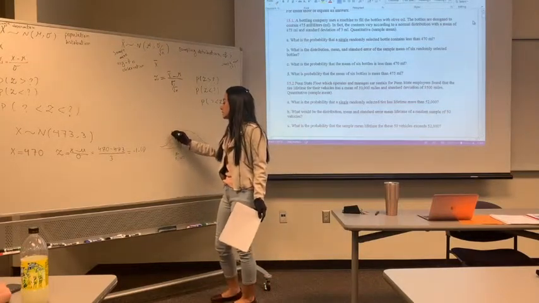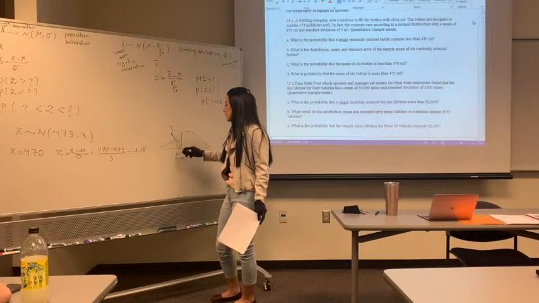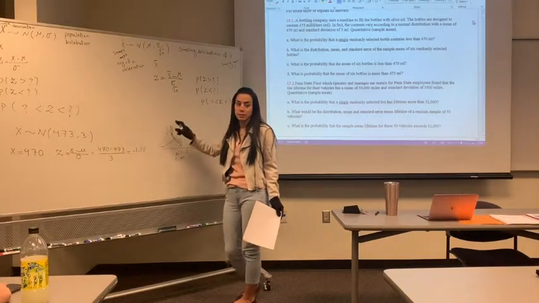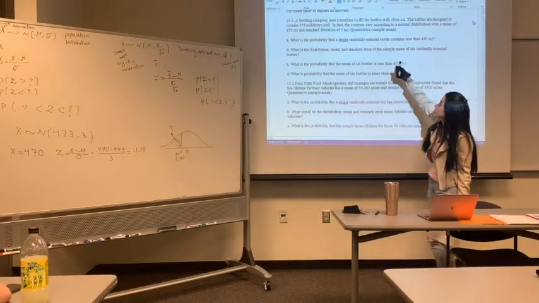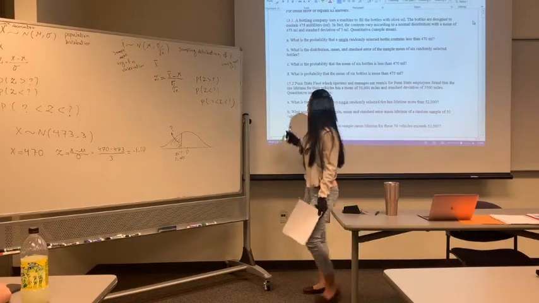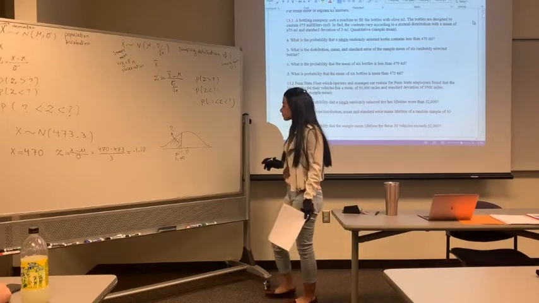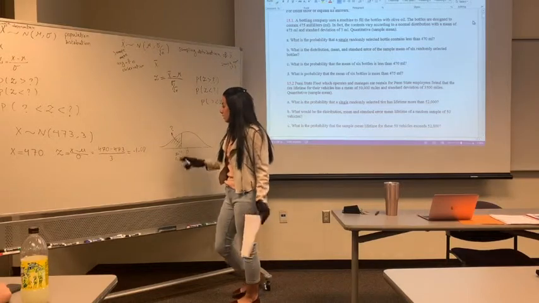So we should find this area, and this area gives us the probability that a single randomly selected bottle contains less than 470 milliliters of this olive oil.